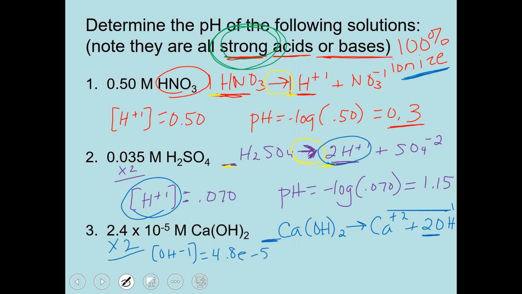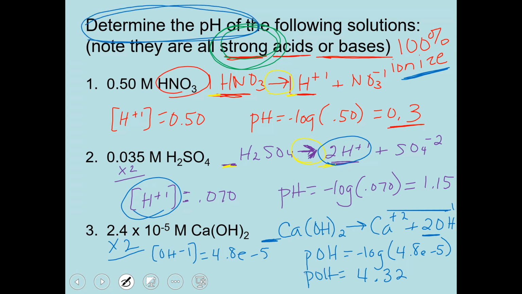Now, when I take the negative log of that, I'm not getting the pH, I'm getting the pOH, because that is hydroxide. Remember that hydroxide gives you the pOH. So I got 4.32 as the pOH. And you say, well, I need the pH. This question, you look back at the beginning, says determine the pH.